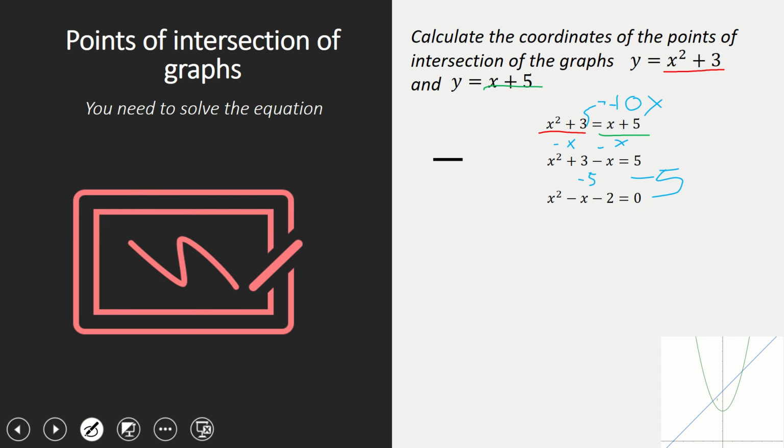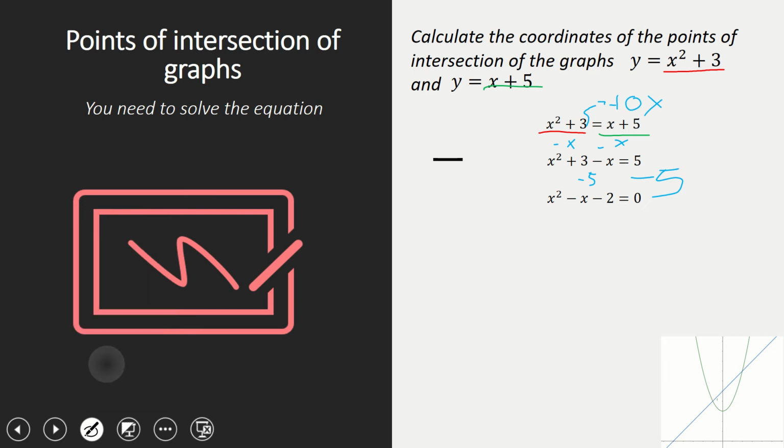Alright, so now I'm going to have a look. Do I need to use the product sum method or do I need to use a common factor? So I see 3 terms and everything's already simplified, so I need to use the product sum method.